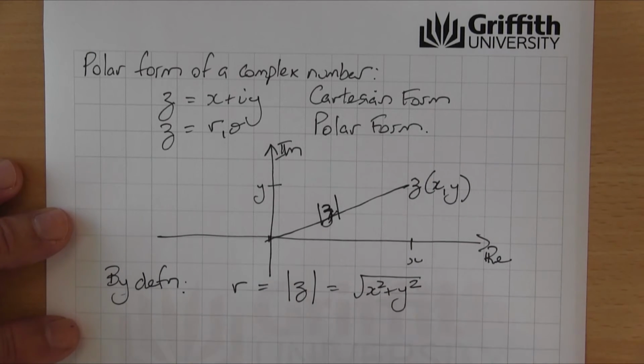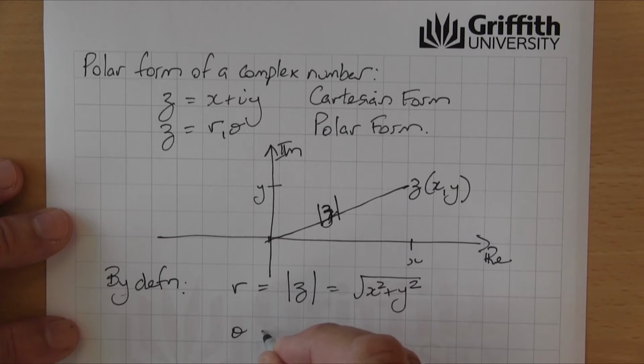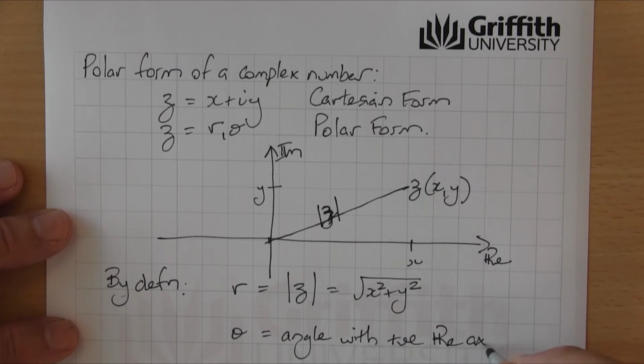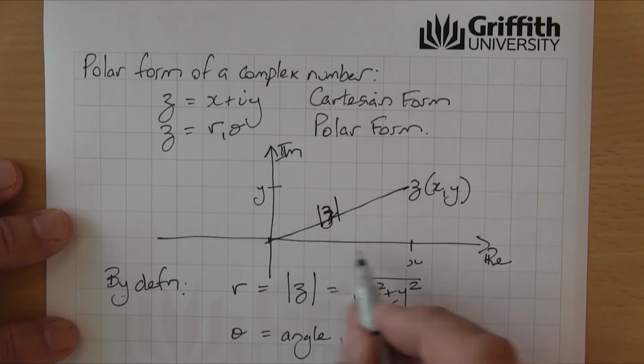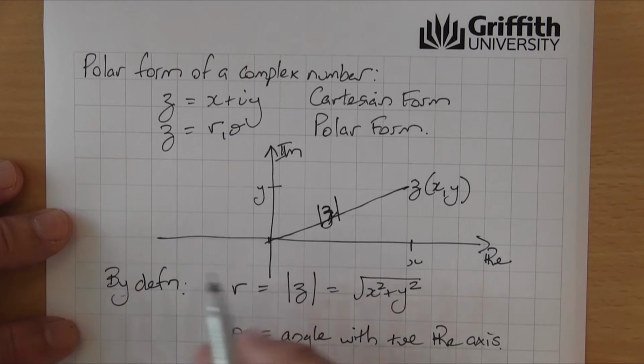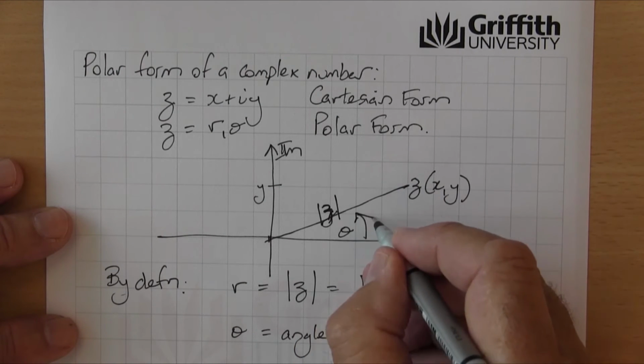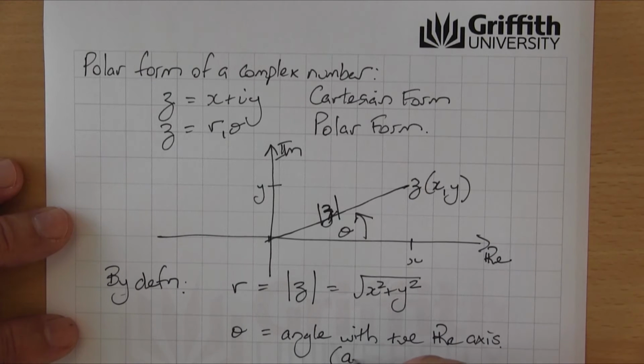Also, by definition, we say that theta is the angle with the positive real axis. So here's the positive real axis, this is the negative real. So it is this angle here, and it is anti-clockwise.